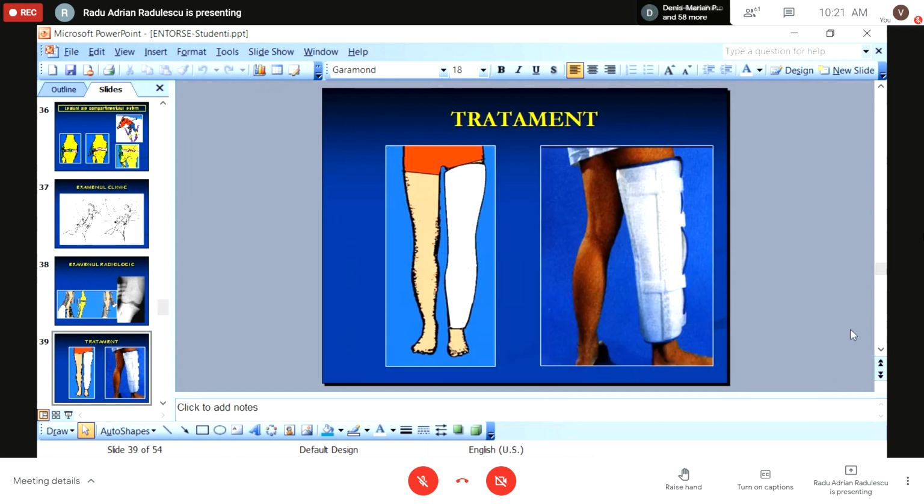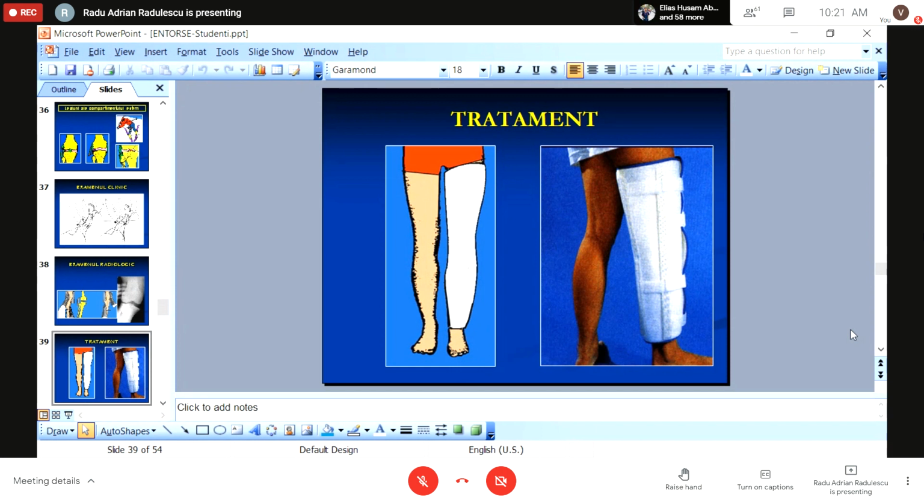What is the treatment of these collateral ligaments? Well, if we have an isolated lesion of the medial collateral ligament, then the treatment is conservative. That is the conclusion that was brought up after a study of a very large number of persons done in the US about the surgical treatment and the conservative treatment.